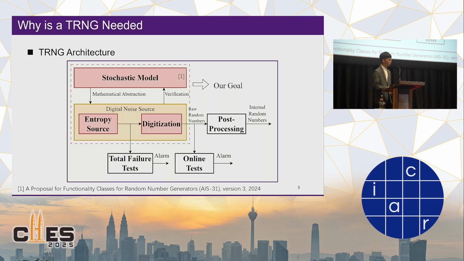It's a way to describe the complex physics of the digital noise source, and we can use it to estimate the lower bound of the entropy. Then the output of the digital noise source is the raw random numbers, and it is passed to the post-processing model to get the internal random numbers. And the whole system is verified by the total failure test and online test to ensure that the output of the TRNG is solid.